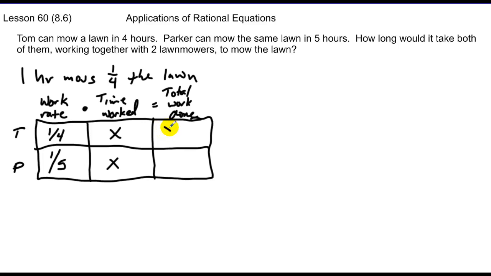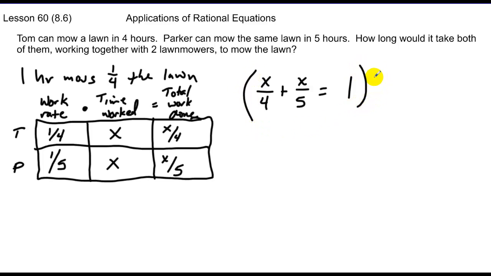Multiplying across, we get x over 4 and x over 5. And then if we add their two amounts of work done, x over 4 and x over 5, we want to know when they complete the whole job, which is represented by the number 1.